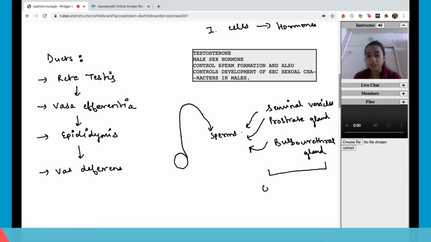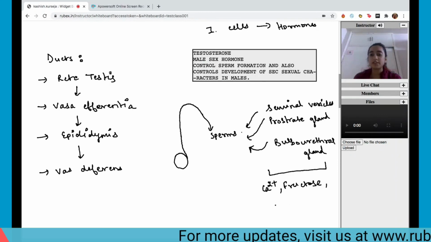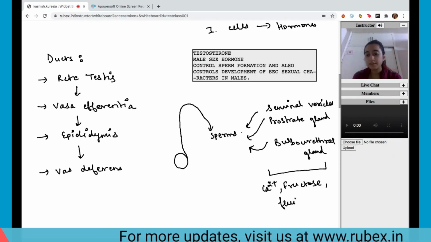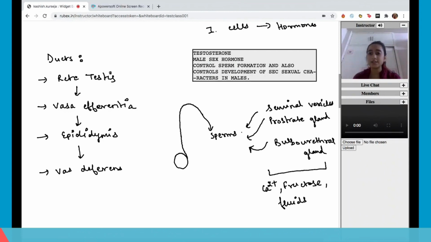These secretions are rich in calcium ions, rich in fructose sugar, because that is highly important for providing nutrition to the developing sperm. And of course, it's rich in some other nutritious fluids, which are again important for providing nutrition to developing sperms. Once this whole mass combines together, it forms the semen. These fluids are also important for lubrication, so that the pathway for movement of sperms from the body becomes smooth.